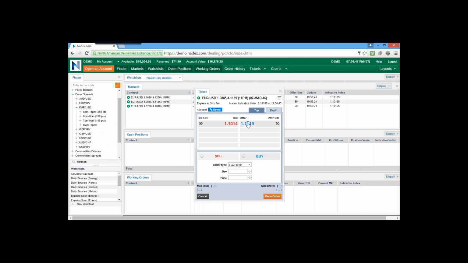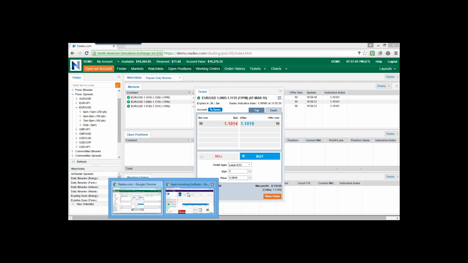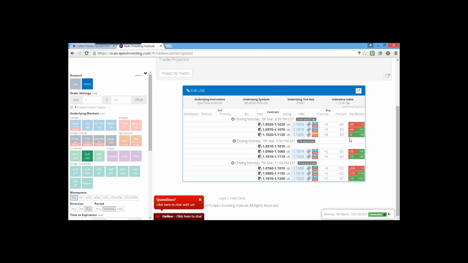As far as what that's going to cost you per contract in margin, that's right there. If you select it and say you want to buy it, it'll show you how much you're putting up right there. Or like I showed you earlier, it's all listed out for you right here on the spread scanner, to show you what your margin would be.